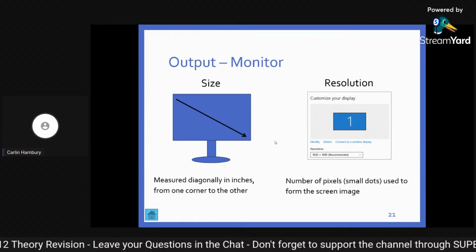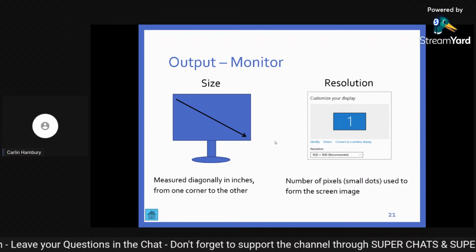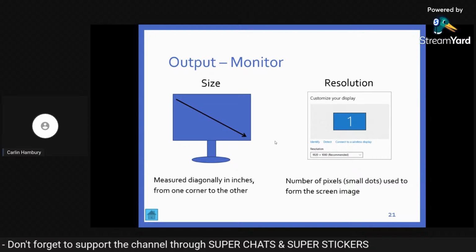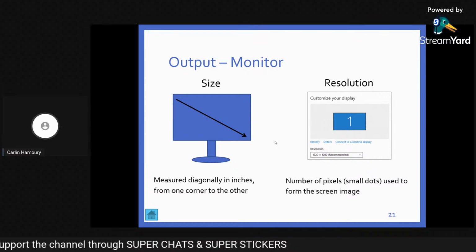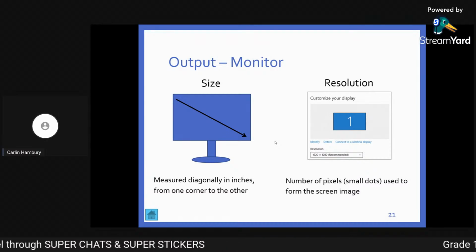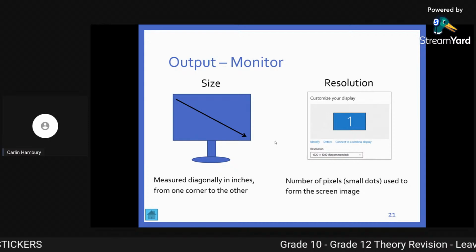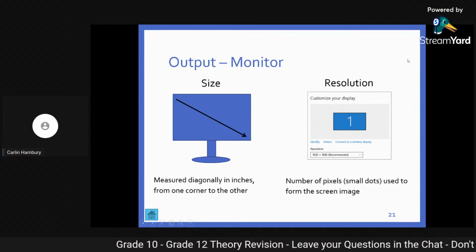Just remember that a monitor size is measured diagonally in inches, in other words, from one corner to the opposing corner. And our resolution, that term always gets asked. It's the number of pixels used to form the screen image. So the higher the number of pixels, the better the image quality is going to be.